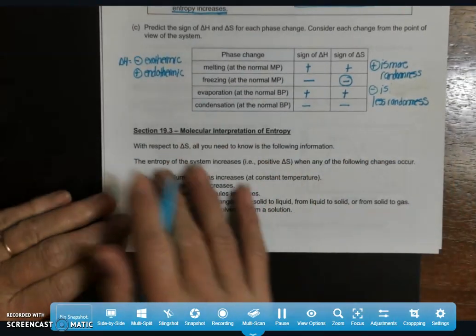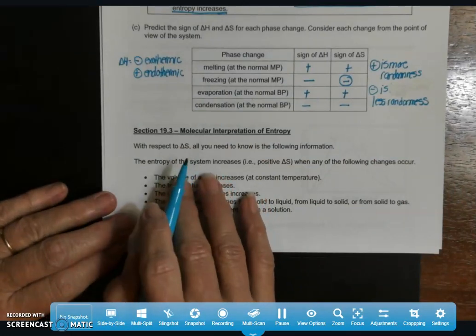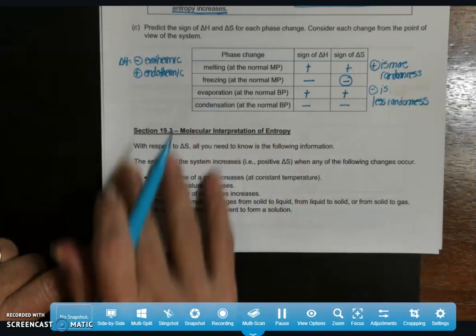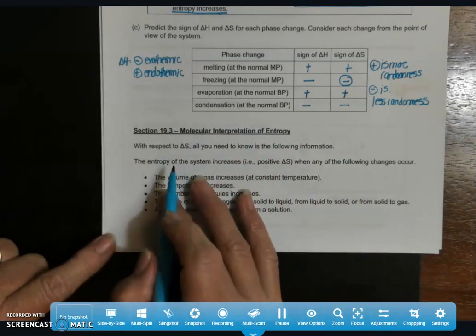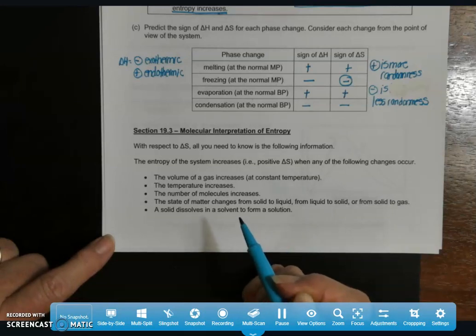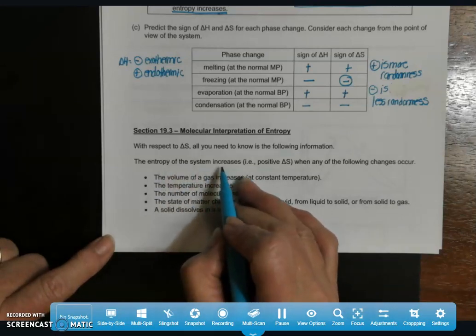Now, what does all this mean? In terms of entropy, the way we're going to categorize systems where energy increases, you can assume that everything else, energy or order or randomness, is decreasing.